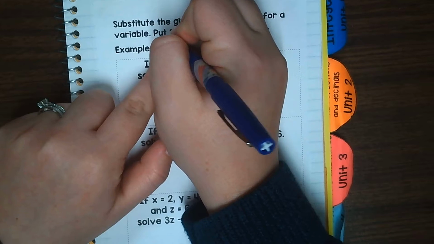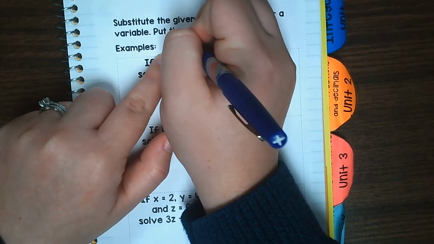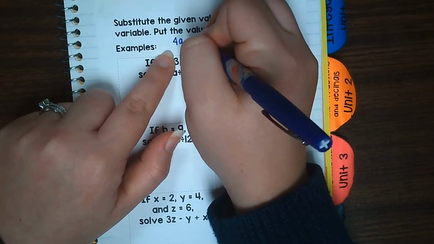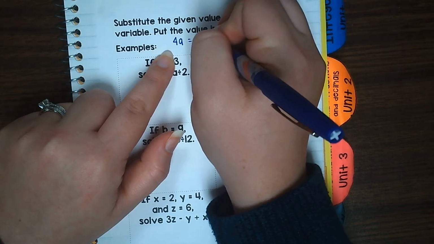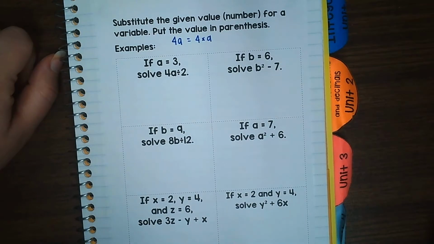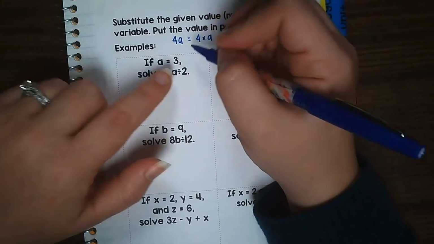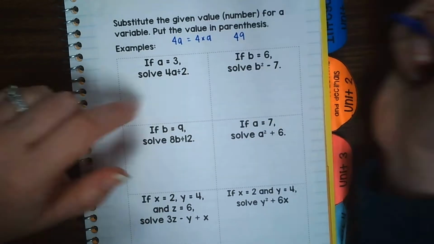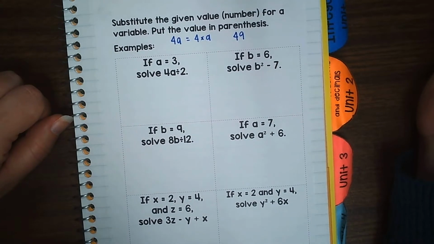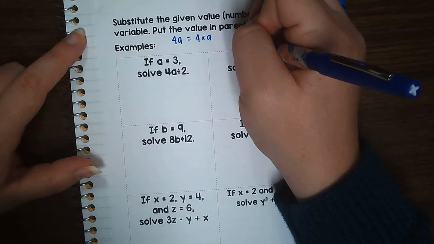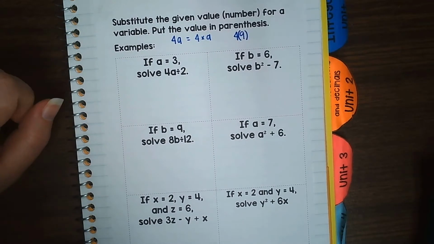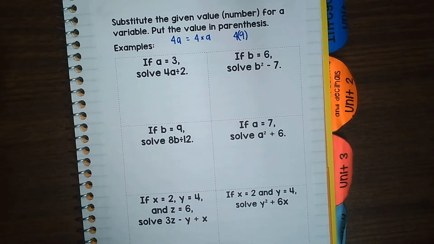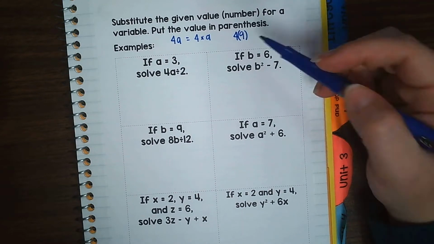So if we have 4a, that really means 4 times a. But if a equals 9, and we put 9, that looks like 49. If we put it in parentheses, we know that that means 4 times 9, which is really what we want to do.